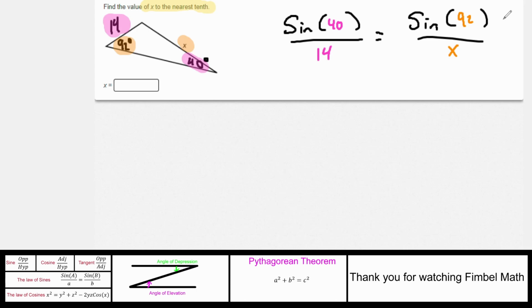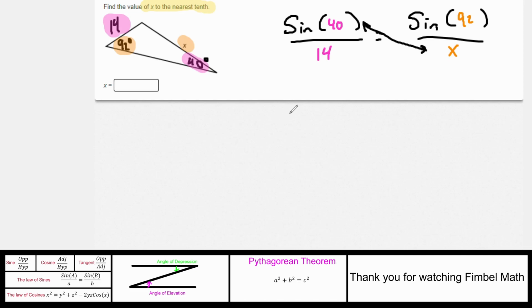If x was already known and it wanted me to find the third side length, then I would need to use the law of cosines for that. And I'm sure, if I remember correctly, that's the next one we're going to cover here. But for this one, let's start by cross multiplying.